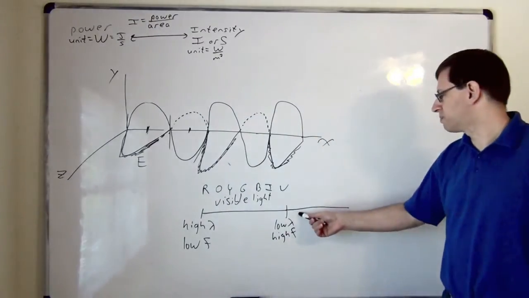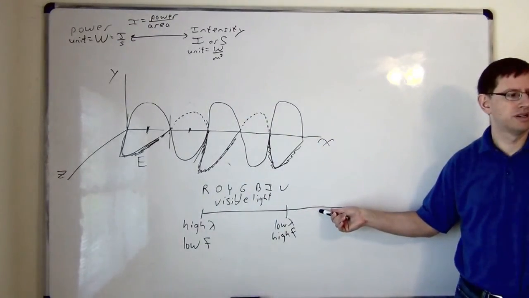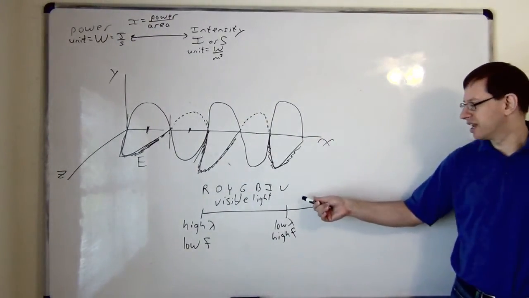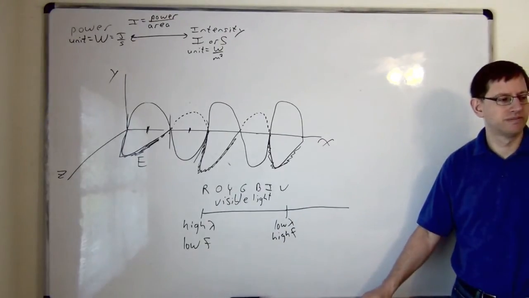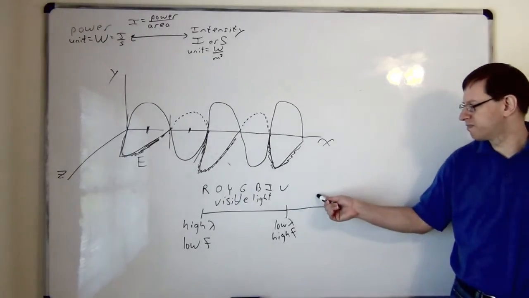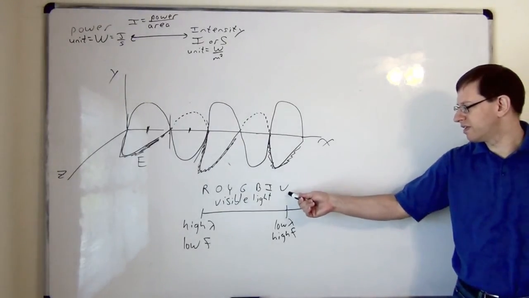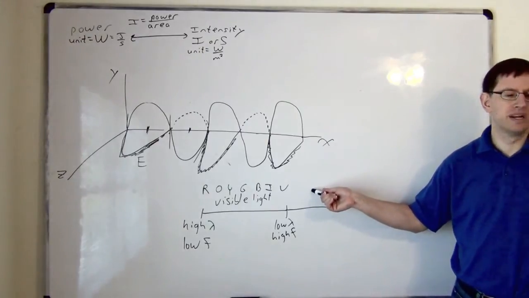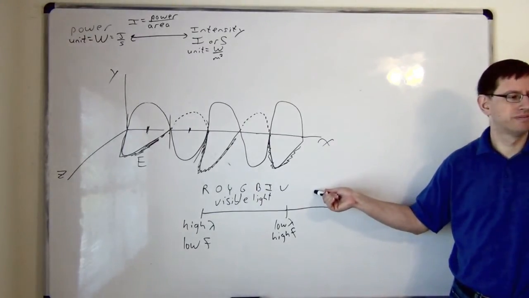Do you know what this part of the spectrum is, right next to the violet? What's the name for this part of the spectrum that's very close to violet, but not visible anymore?